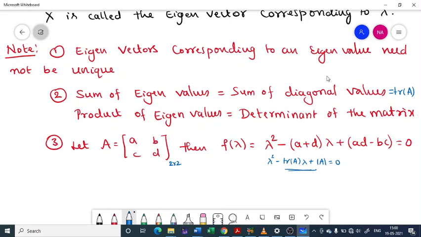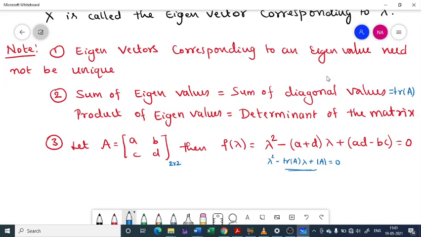So this is the general formula for the characteristic polynomial of a matrix A of order 2 cross 2. Similarly, you can get formulas for order 3 cross 3, 4 cross 4, but that will be a bit difficult. Computing using such formulas is difficult compared to the usual method, determinant of A minus lambda I equals 0. That is the best method for higher order matrices. For 2 cross 2, we can use this formula.